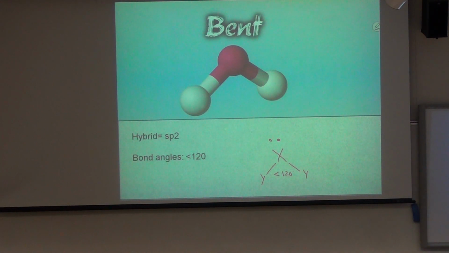I think I mentioned before, we only measure the angles between the bonding pairs, not between the bonds and the lone pairs. And when we describe the shape, we don't see the lone pairs. We're just describing the shape of the molecule between the bonding pairs.